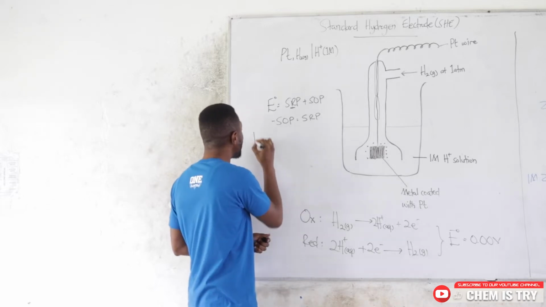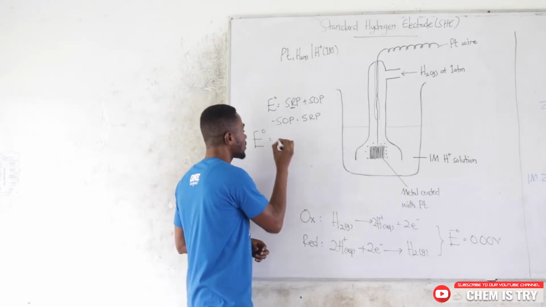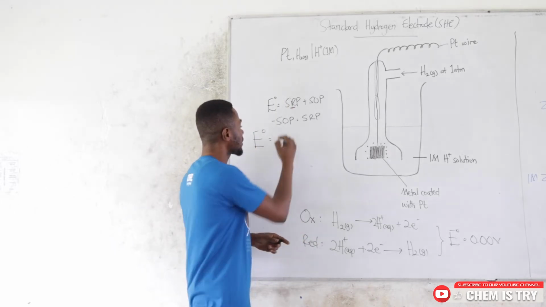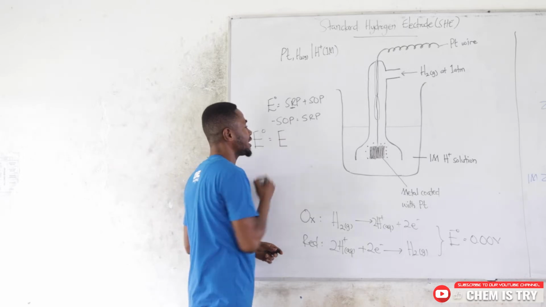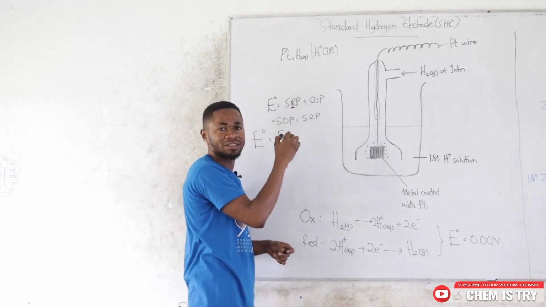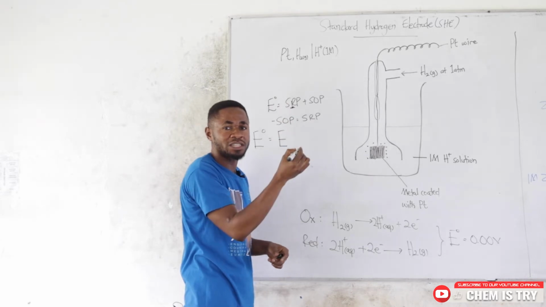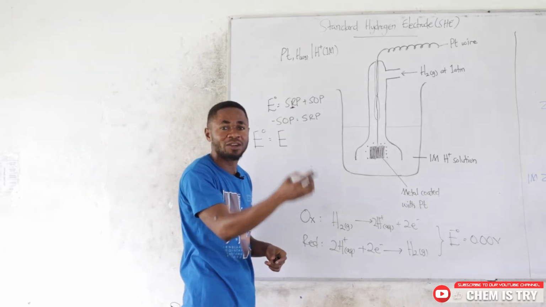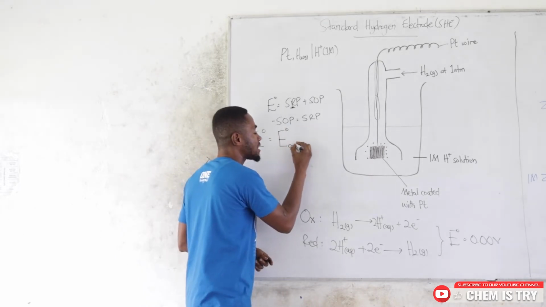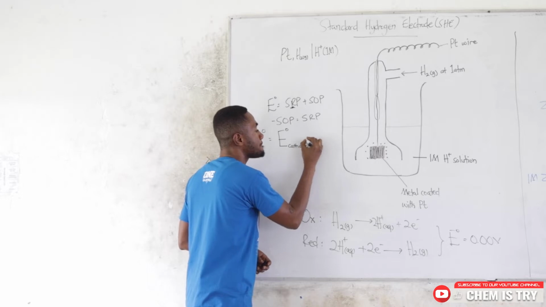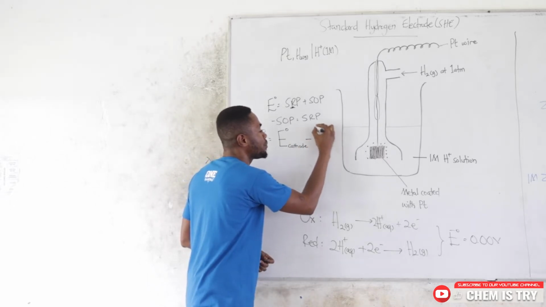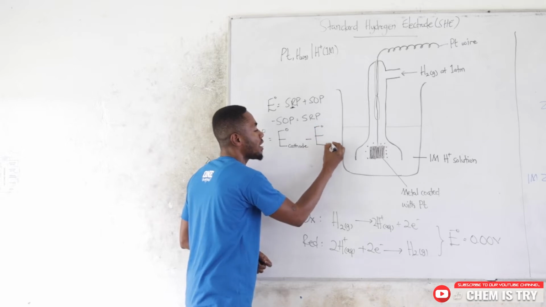Therefore, we can say that the EMF of the whole setup can be given as the standard reduction potential of the reduction reaction. And the reduction reaction we know is called the cathodic reaction. So the standard electrode potential at the cathode minus the standard reduction potential value of the anode.